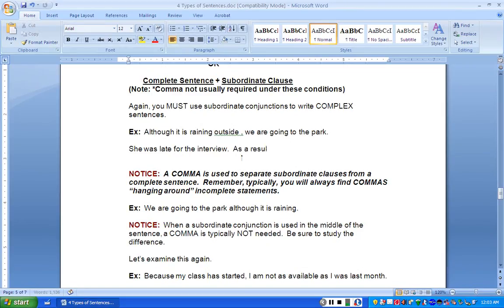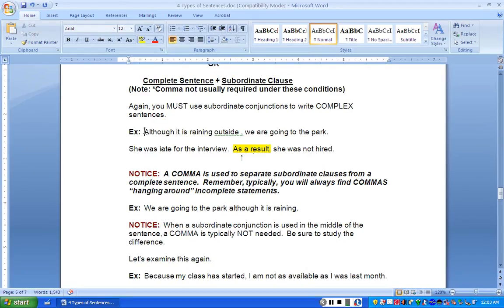As a result, she was not hired. Now what I want you to understand is that this is a new sentence, but I did not start it with a subject. I added a transition at the beginning. And notice that a comma has to follow. See that? It's a pattern of sentences and structure that you need to understand.